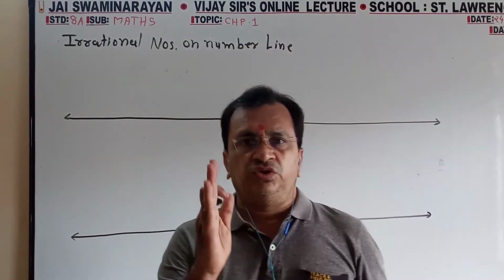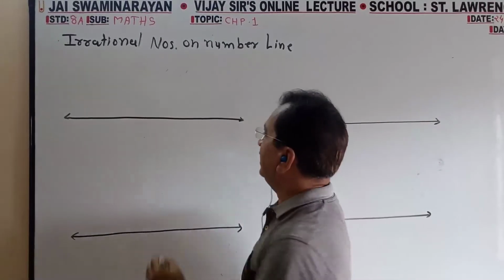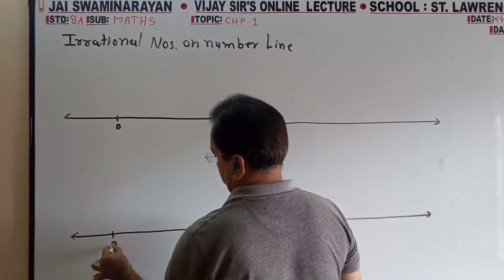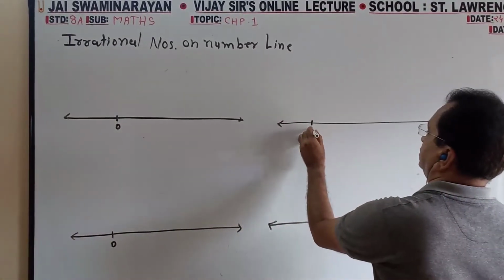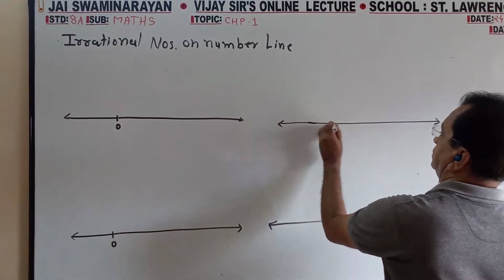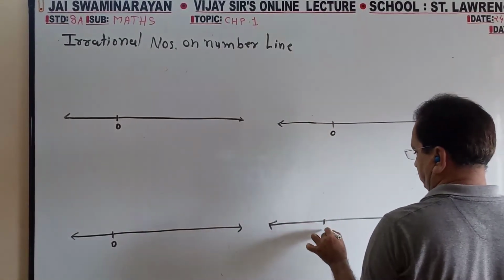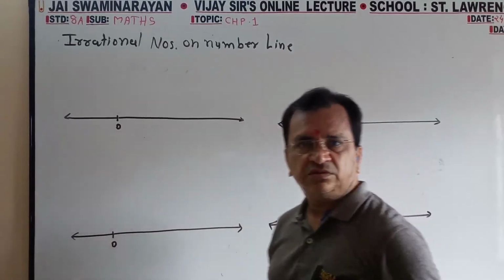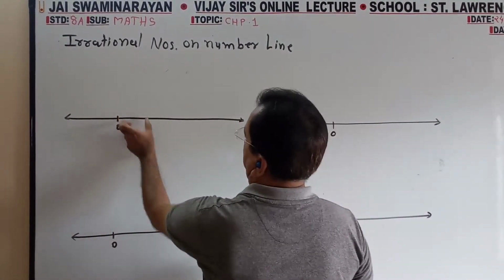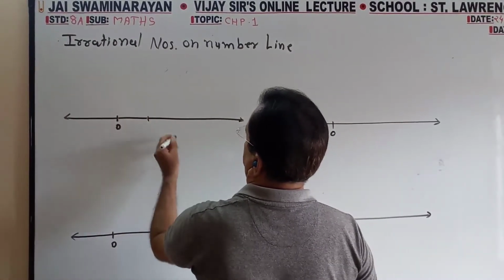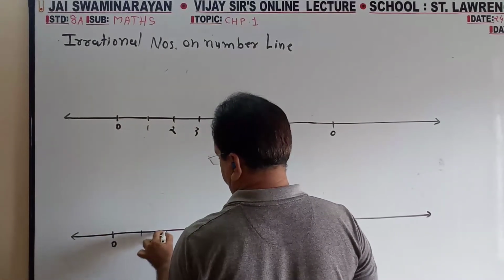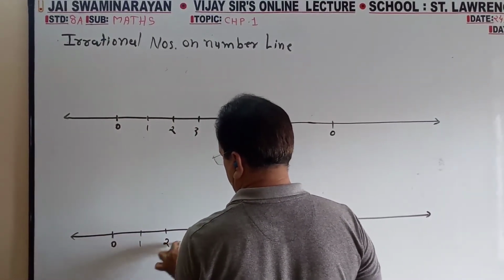Always show 0 slightly on the left side. This is 0. And take at least 3 centimeters, 3 centimeters, 1, 2, 3.